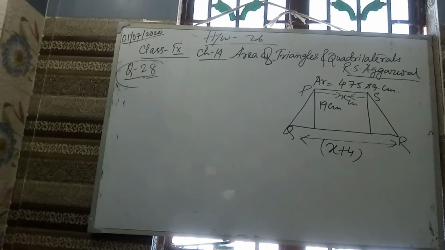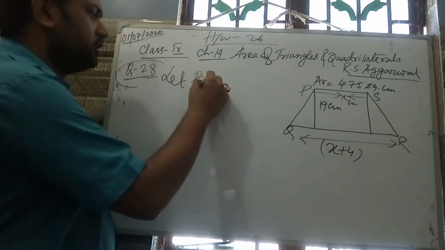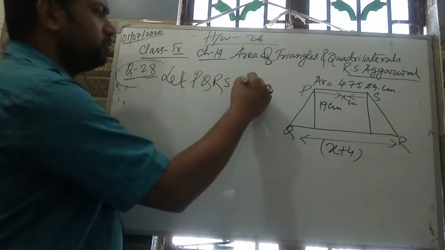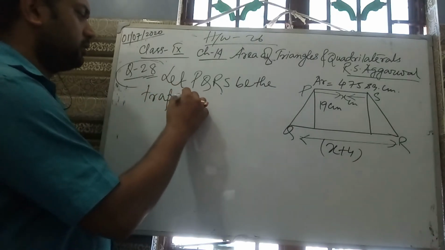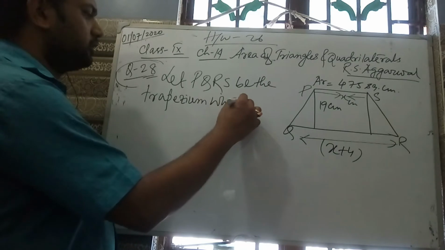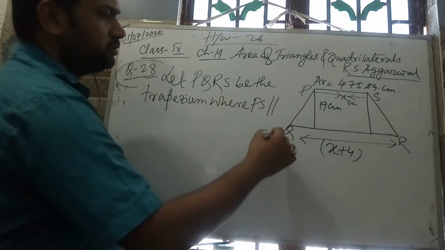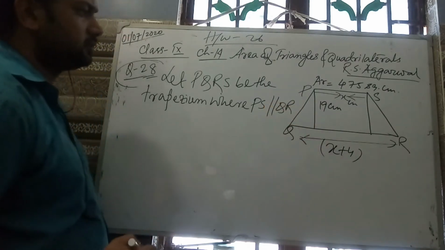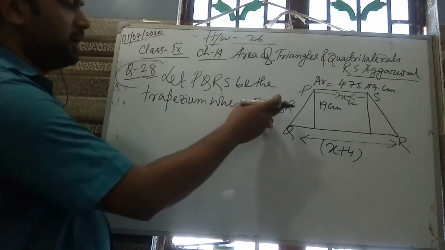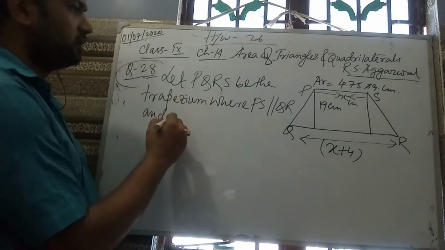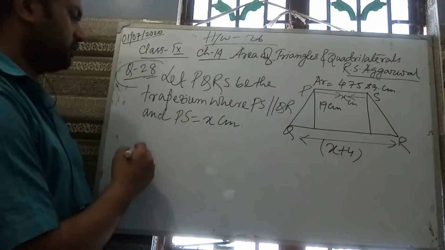Okay. So write down. Let PQRS be the trapezium where PS is parallel to QR and PS equal to x centimeter.